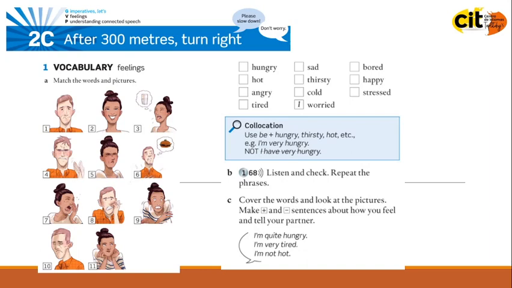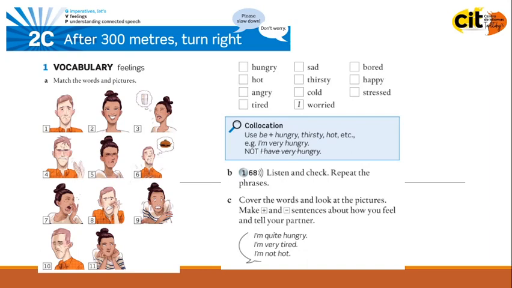First of all, we are going to work with vocabulary related to feelings, okay? So you have to match the words that are there with the pictures that represent them, okay?